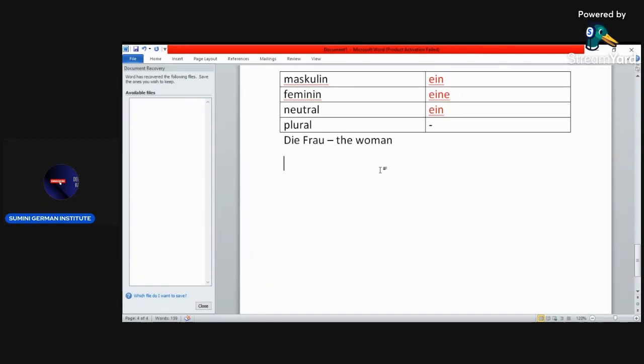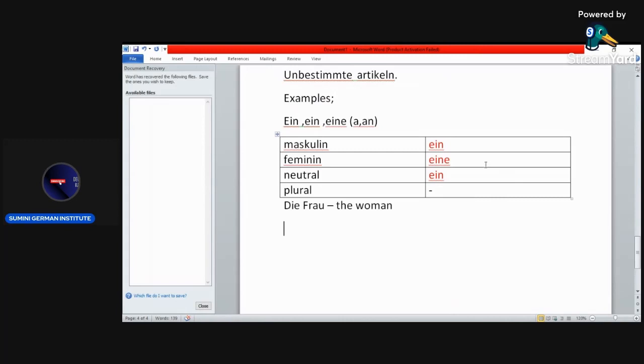Instead of using the definite article die, we use the indefinite article. So how do I do that? So first of all, die Frau uses die. First of all, I will know that die is feminine. So what is feminine here in the indefinite articles? Eine. Okay. So what happens? It becomes eine Frau. Okay. Eine Frau. So the first one means the woman. The second one means a woman.